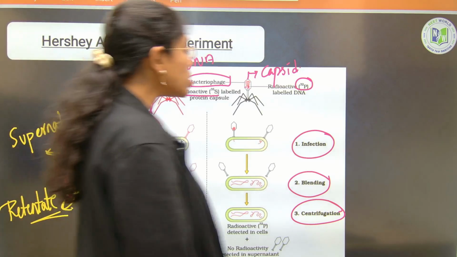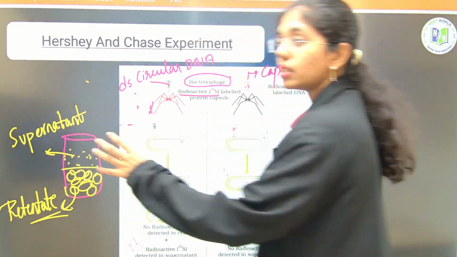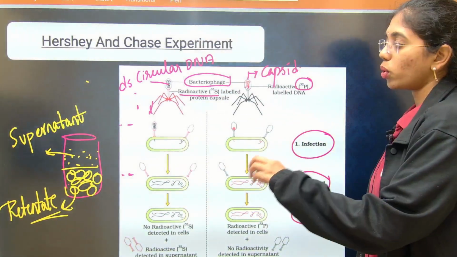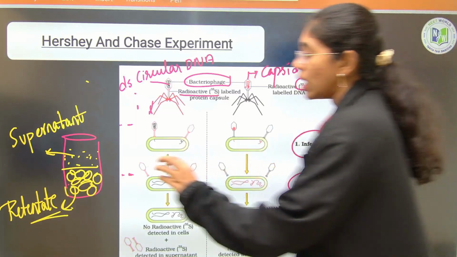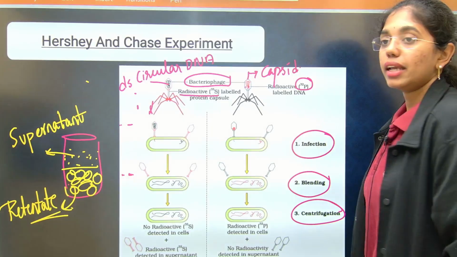So after centrifugation, in the supernatant you can see only the protein particles which are dispersed, and in the retentate you can see the dense material, that is the DNA structure.